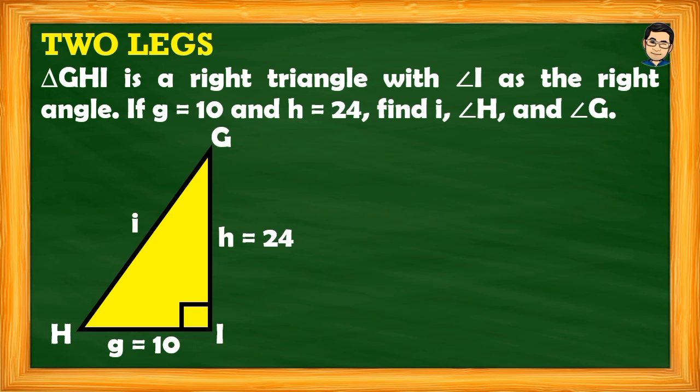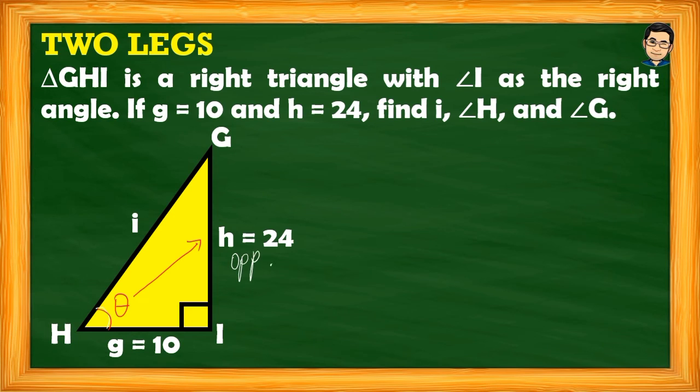So next natin is find the measure of angle H. So ito po yung ating angle H. So use tayo ng red. So ito po yung ating theta. And then opposite nun yung side H. So ibig sabihin ito ang ating opposite side.